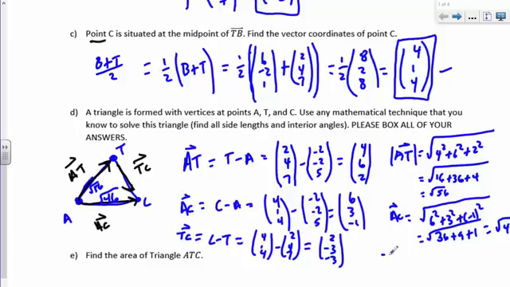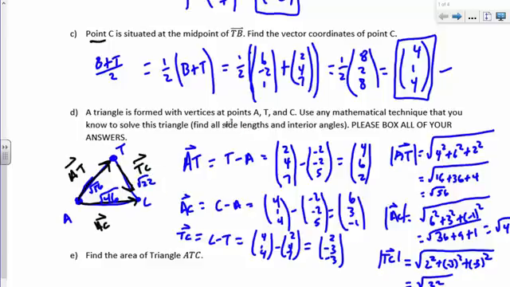So now we know that the magnitude of TC can be found by the square root of 2 squared plus negative 3 squared plus negative 3 squared. That's 9 and 9 is 18, and 4 more. So this should be root 22. Those are the side lengths, all three of them. Or you could just circle them right here once you get them.